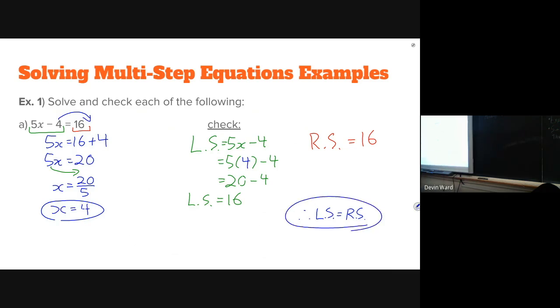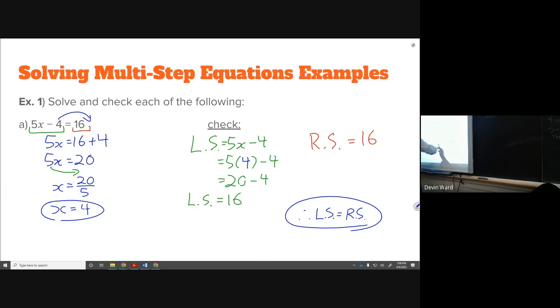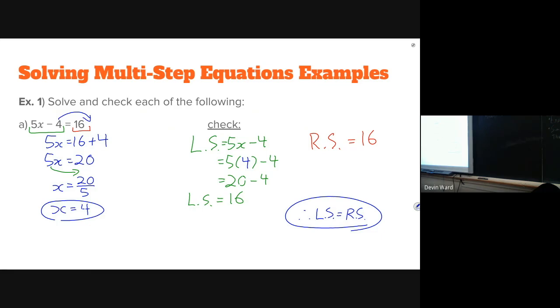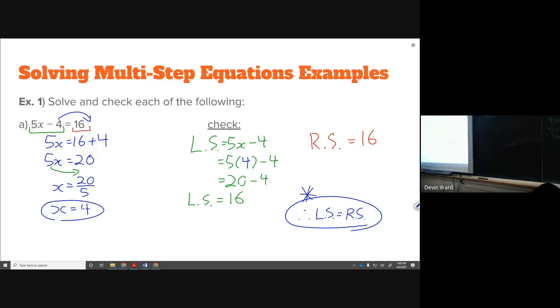Okay? So when you check, you always have to make sure that your left side equals the right side. It doesn't matter what the numbers are. They just have to be the same number. I have 16 over here, and I have 16 over here. If they're not the same, that means that we did something wrong in the blue, so we'll have to go back and double check our work. But when you check, left side will always equal right side.